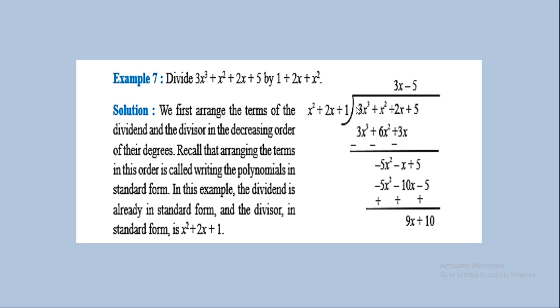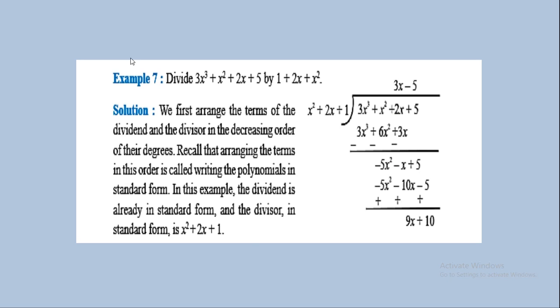Now we are going to subtract this polynomial from this polynomial, that is 3x cube minus 3x cube is 0, and x square minus 6x square is minus 5x square, and 2x minus 3x is minus x, and 5 minus 0 is 5.